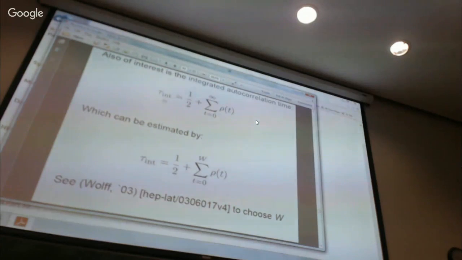So the formal definition of the integrated autocorrelation time is this. There's this 1/2 for convention, and then you sum from 0 to infinity the autocorrelation function. In practice, as you increase t, you'll have fewer and fewer measurements on a realistic data set. If I wanted to estimate the autocorrelation function on a data set with so many elements in it, well, estimating the autocorrelation function at time t equal 1 is quite easy.